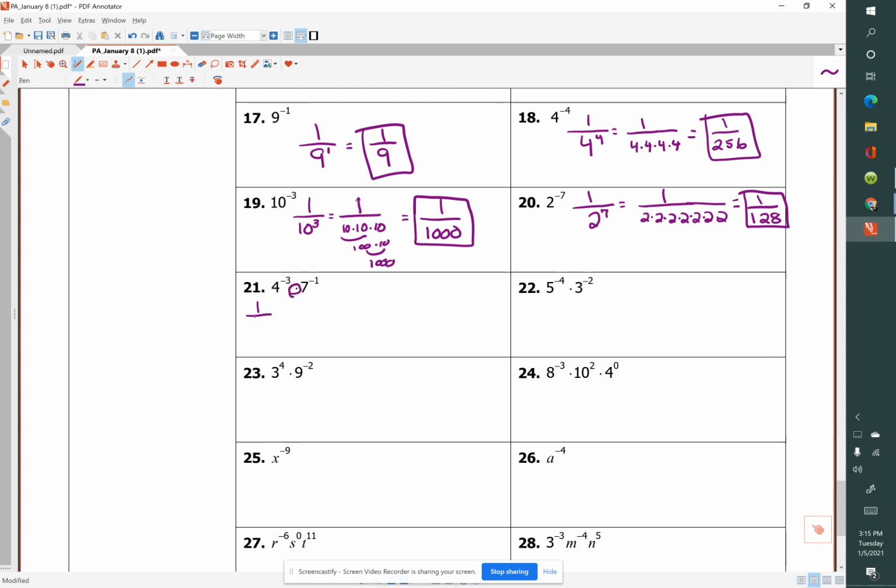So we'll start with 1 over 4 to the 3rd times 1 over 7 to the 1st power, which would equal, the 4 to the 3rd is 1 over 64 times 1 over 7, which would equal 1 times 1 is 1, 64 times 7 is 448.